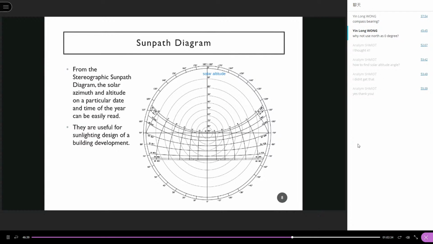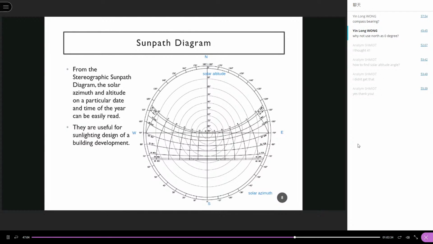Okay, 0 degree means the south, and then negative 90 means the east, positive 90 is the west, and 180 or negative 180 will be the north. So we have the whole sky.